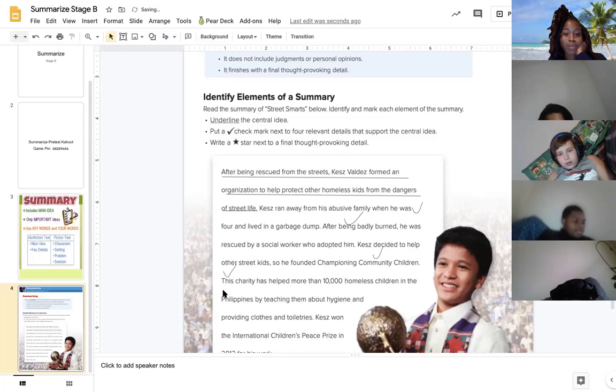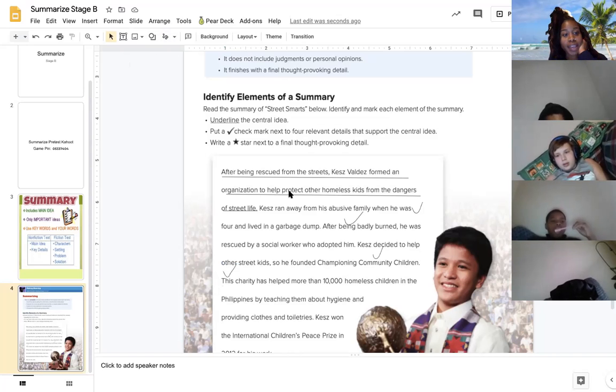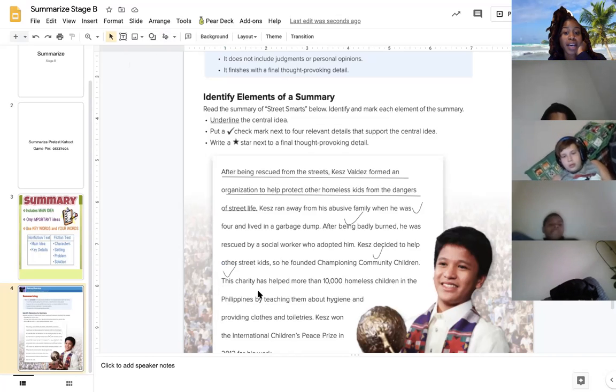What is it telling us more about? That it's trying to help the homeless kids. And we read that in this sentence. You guys always need to refer back to this. This detail is relevant because it explains what our main idea said.